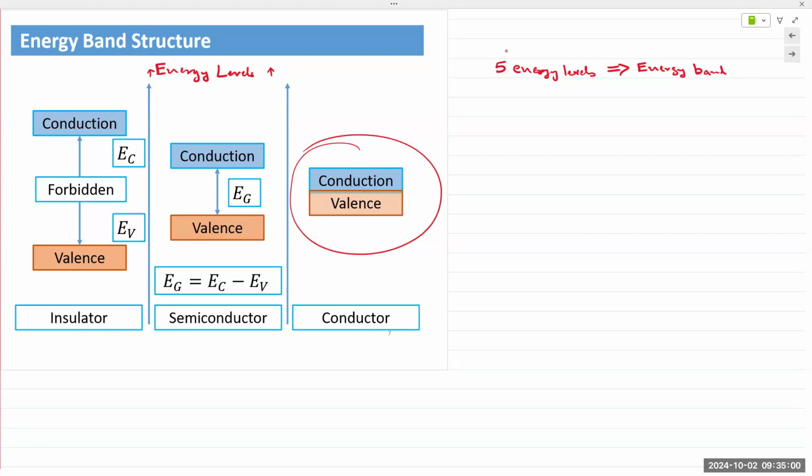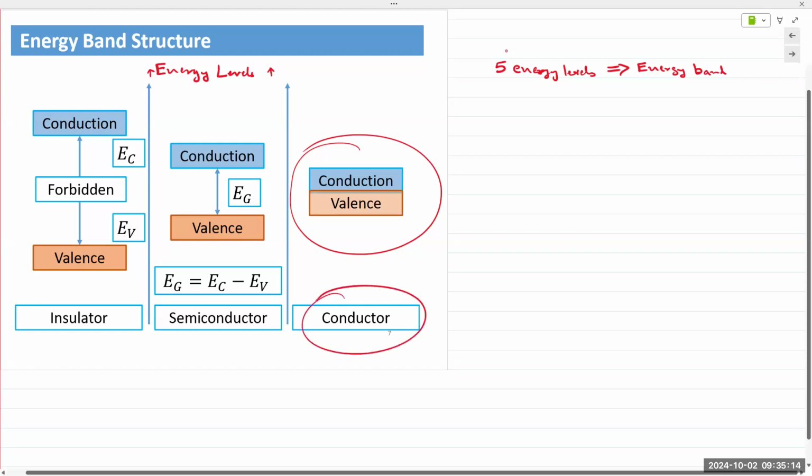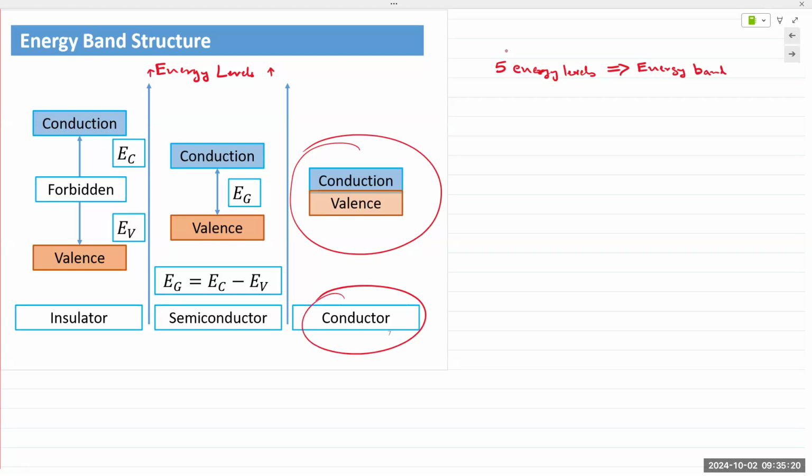So if a material has overlapping conduction bands and valence bands, meaning there are several million electrons that have acquired sufficient energy to freely move around a material, we refer to that material as a conductor. So there are always free electrons available to conduct electricity. Okay, that's what it means.